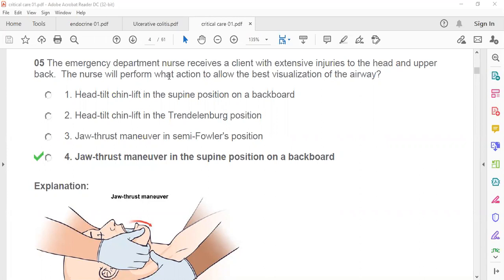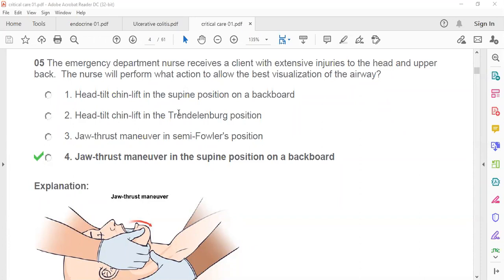The nurse will perform what action to allow the best visualization of the airway? There are 4 options. Number 1, head tilt and chin lift in the supine position. Number 2, head tilt and chin lift in the Trendelenburg.